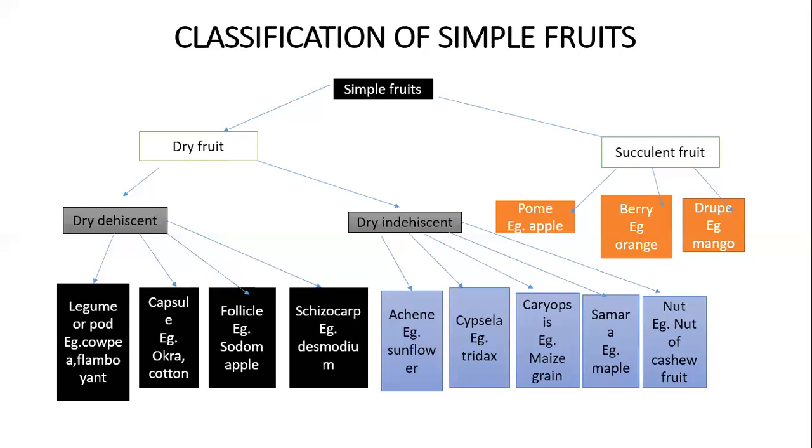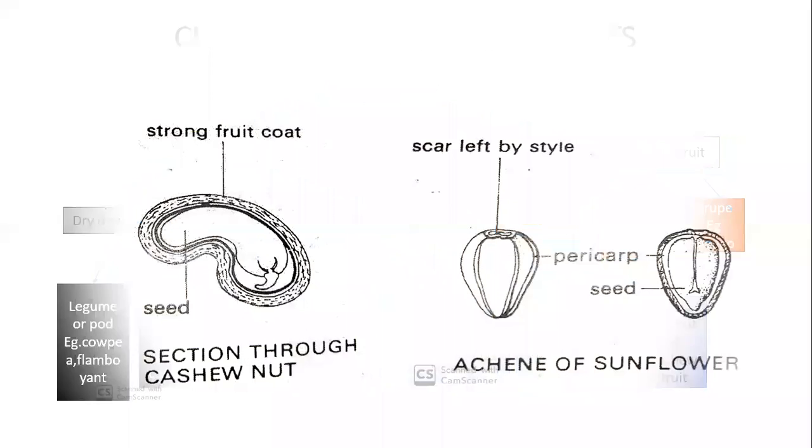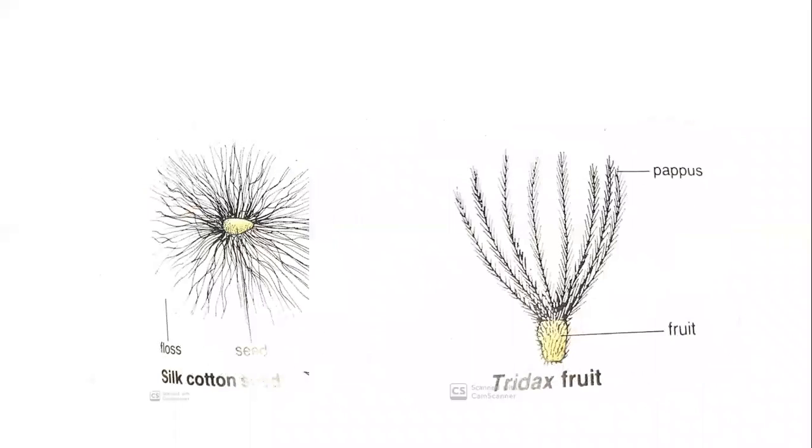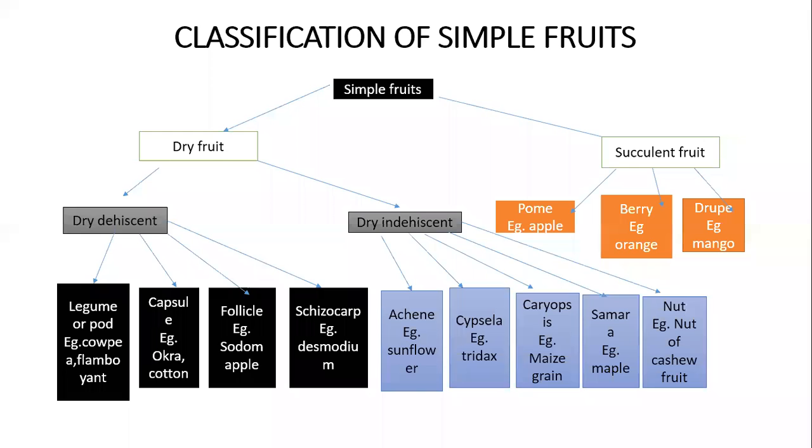Now with the legume, okay, I'm not having an image for the legume, so let's continue. So the legume is formed from only one carpel with a thin pericarp. Now the fruit has a locule.